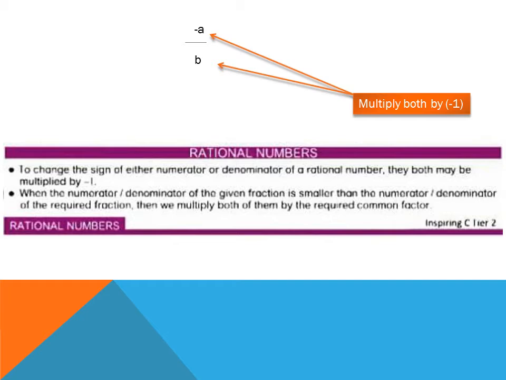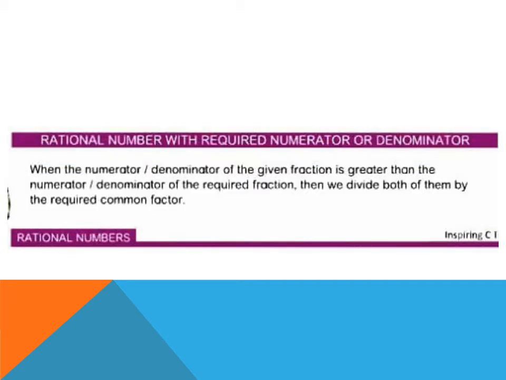In the same way, if you want to change the numerator to minus twice a, that means you have to multiply the numerator by 2. In the same way you have to multiply the denominator also by 2. That brings us to a rational number with the required numerator or denominator.